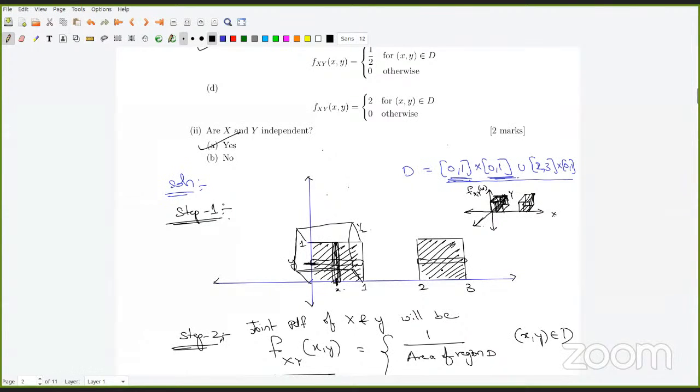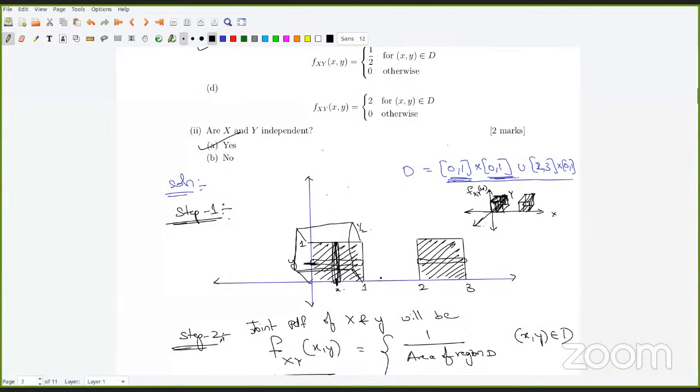So it's not dependent on the value of y. Same goes with x: whatever value x takes between 0 to 1 or 2 to 3, y can take any value between 0 to 1. If you look at the diagram itself, you can identify whether these two are independent or dependent.